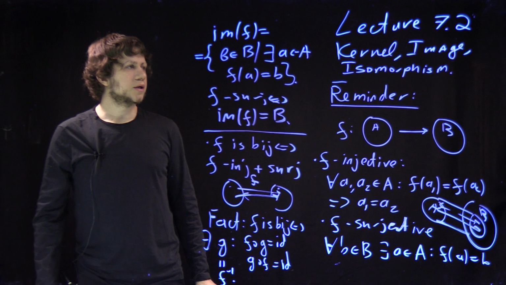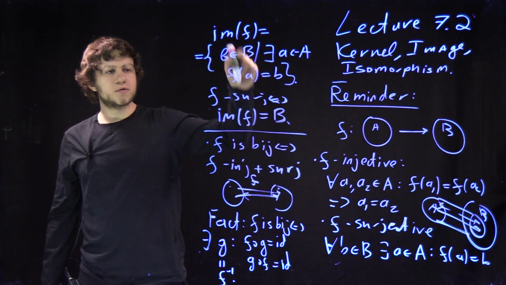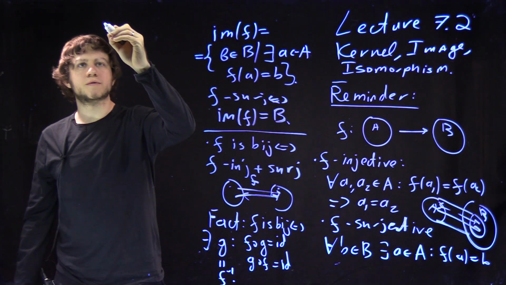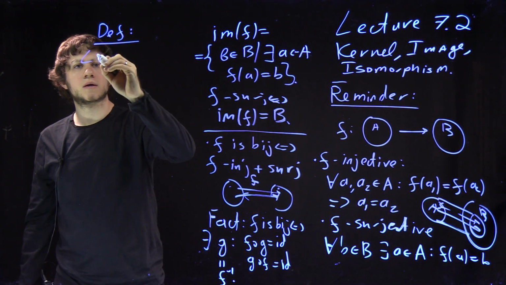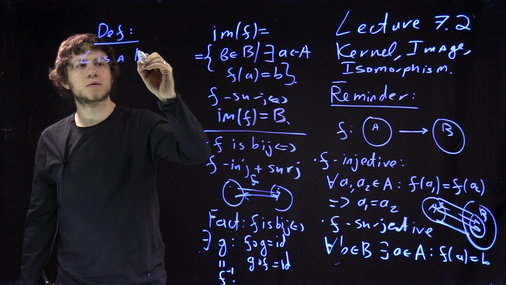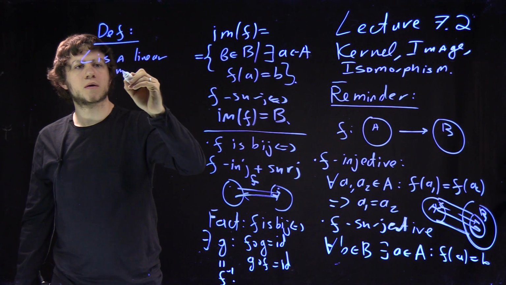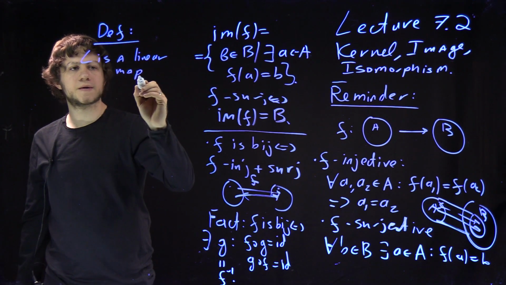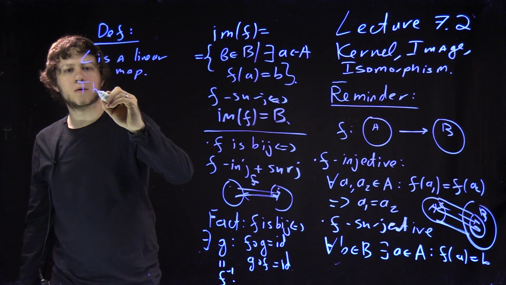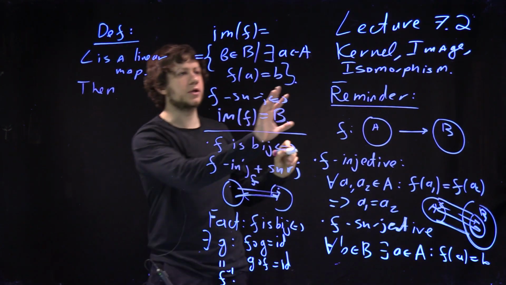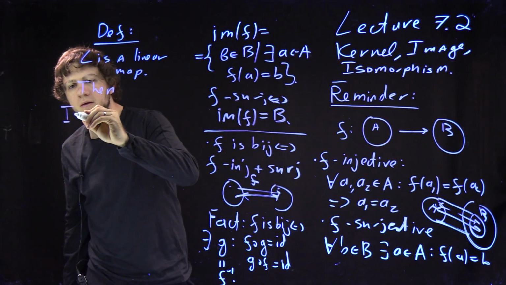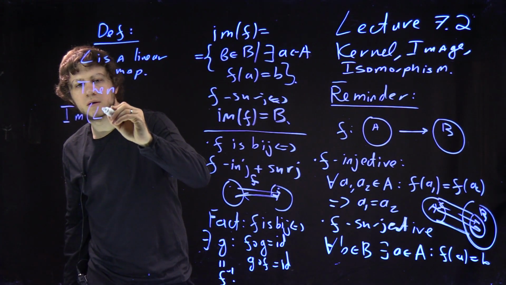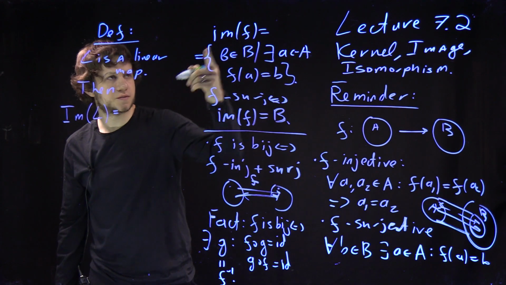So here is the idea. If you have a linear map L, one can define the following things. Firstly, the image of L is just the usual image.